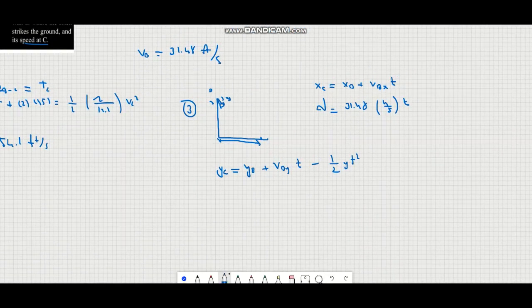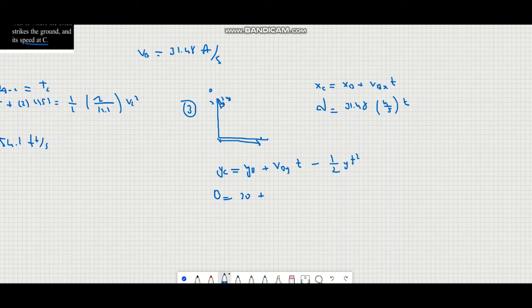We know that YC is at the ground, 0, and YB is 30 feet. Then we can say, plus VBY, in what direction?